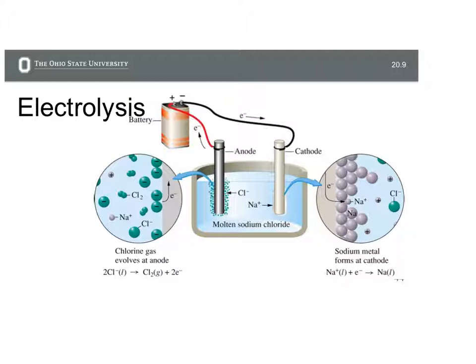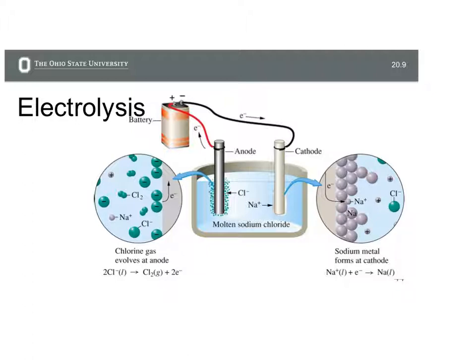Okay, so electrolysis. Electrolysis is a process where we make a redox reaction happen by supplying energy. So we're going to need some energy source. In this picture, we're showing a battery being used.